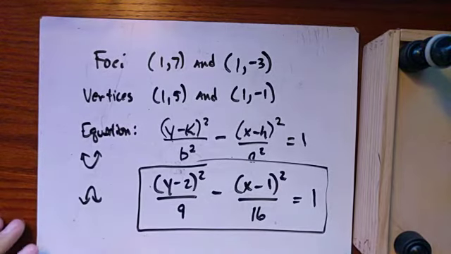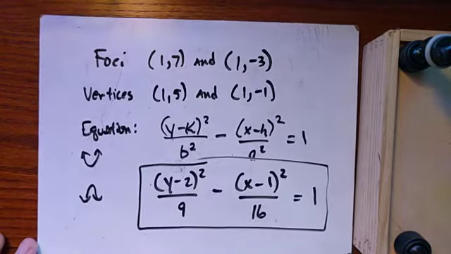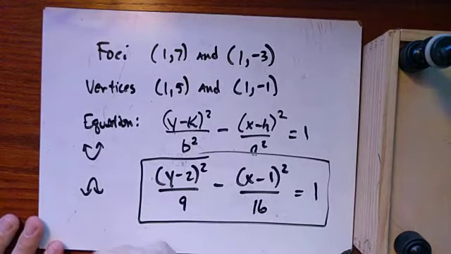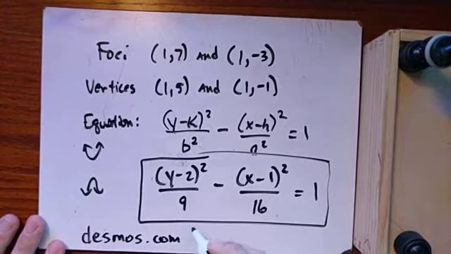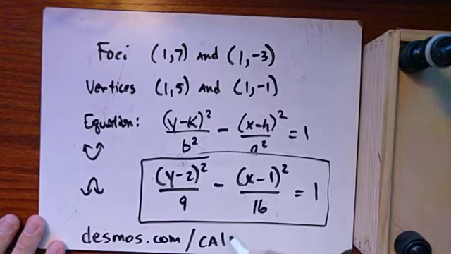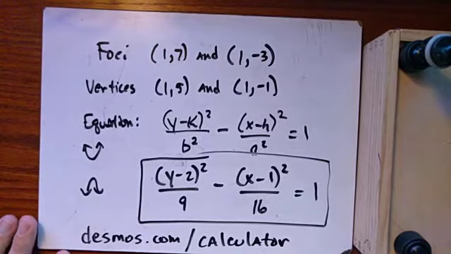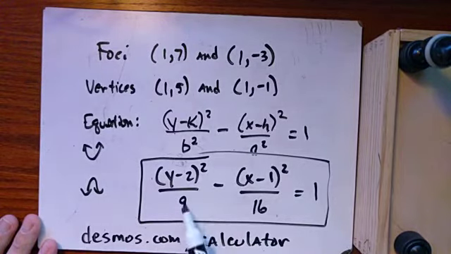And if you want to check your answer, let me encourage you to use the Desmos graphing calculator. So let me list that real quick. It's desmos.com/calculator. That's the one that I was showing in last week's video, and you can just type this straight up in that calculator exactly as it appears.